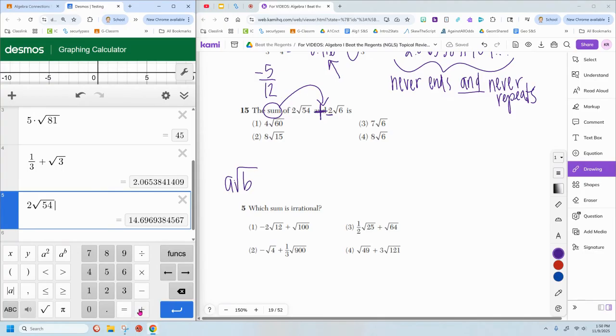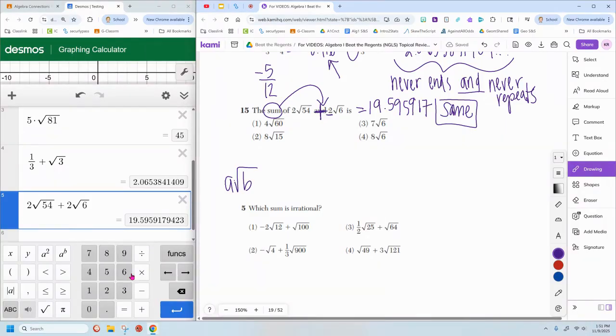Plus 2 radical 6 equals 19.595917. So I'm looking for the thing that is the same. So this one is looking for a match.